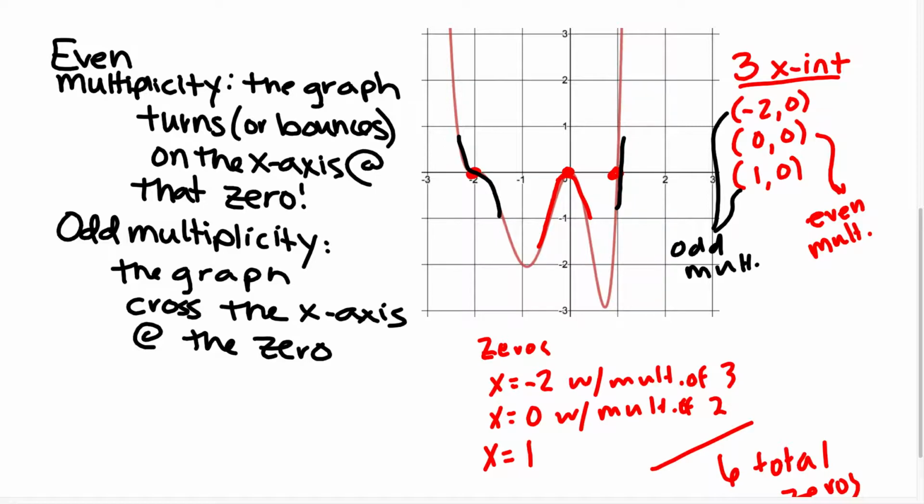Mm-hmm. And then for the last one, x equals 1, it doesn't have a multiplicity, it's just straight. Yeah, there's nothing weird happening at that cross. It's just crossing the axis. So I would assume if there's no weird bend to it, it's probably just a zero that appears one time. Because if you think about your quadratics, that's how a quadratic crosses, right?